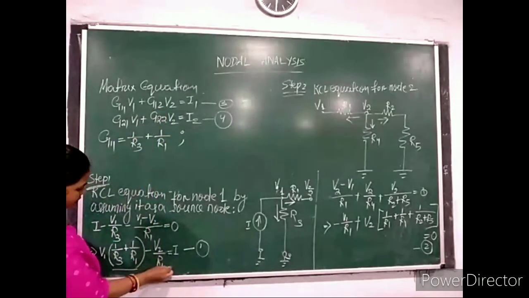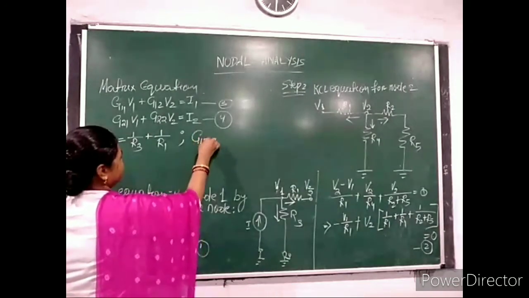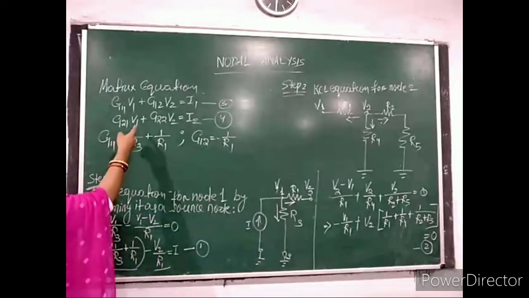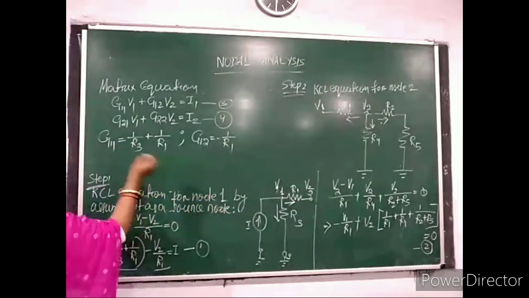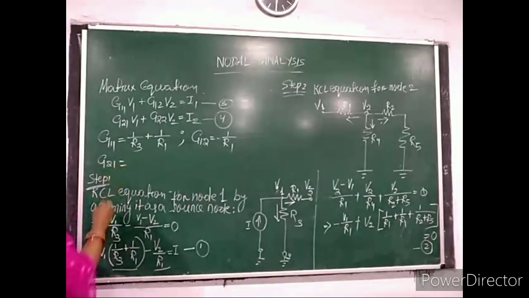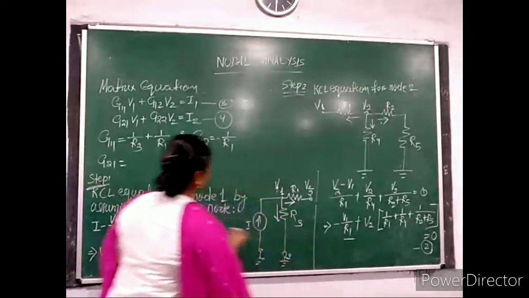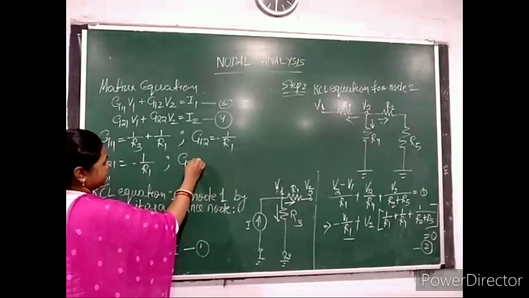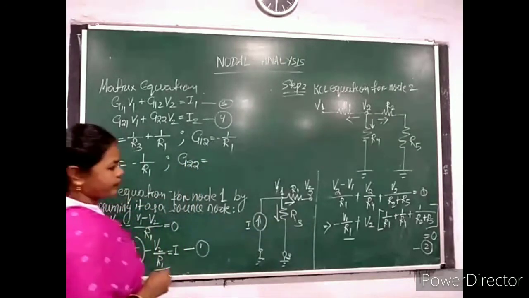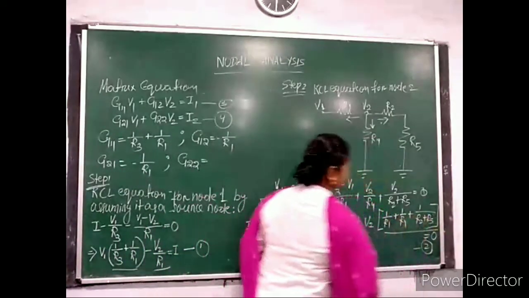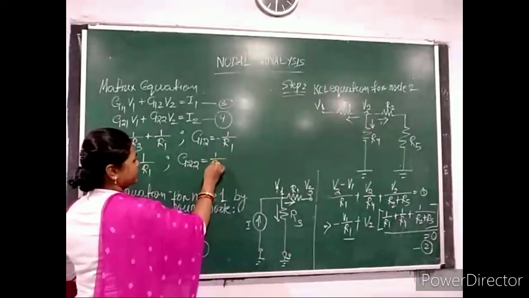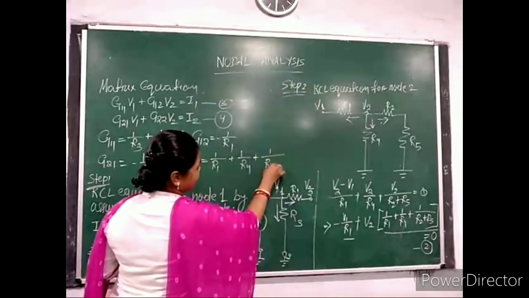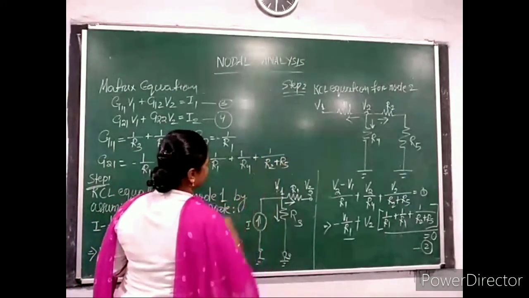G12 is equal to minus 1 by R1. If you equate equation 4 with equation 2, then G21 is minus 1 by R1 and G22 is 1 by R1 plus 1 by R4 plus 1 by R2 plus R5.